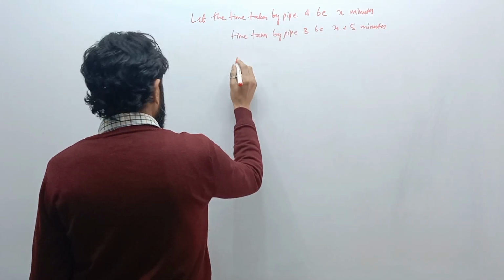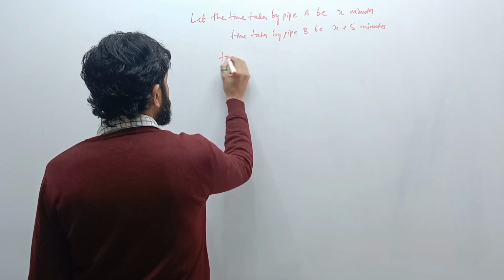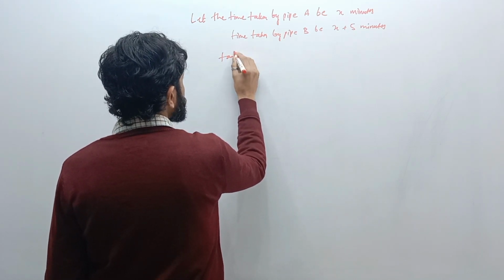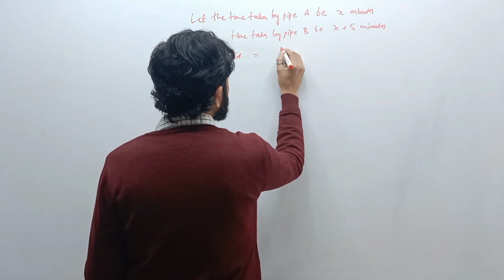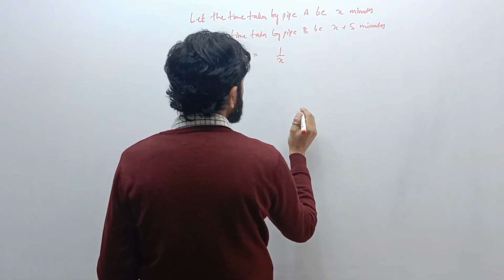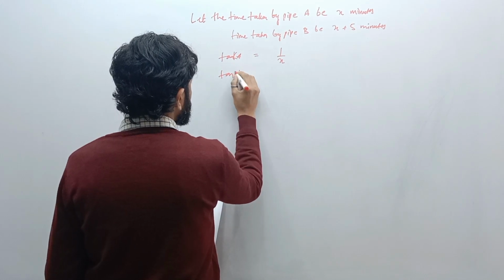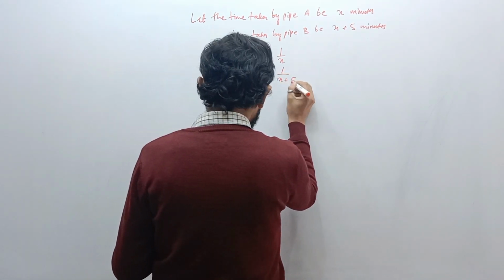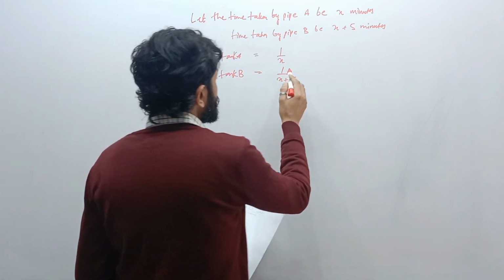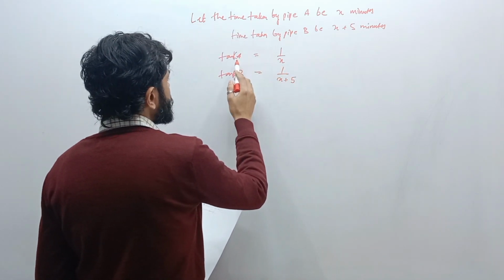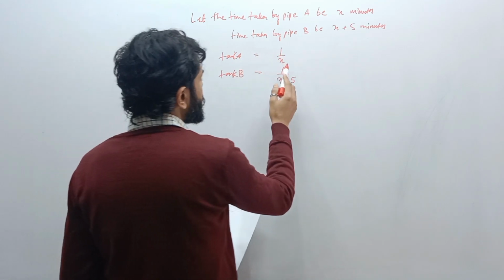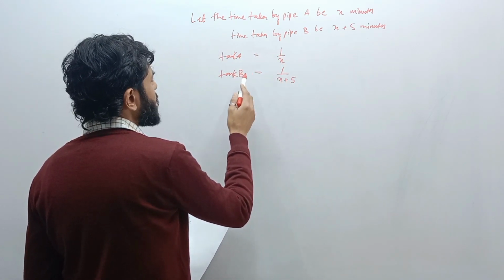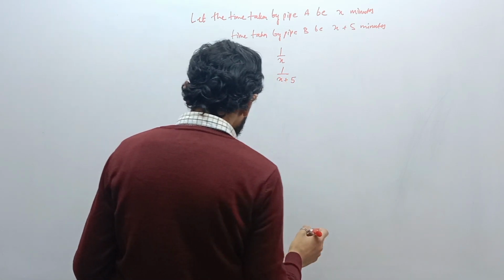So now, tank A in 1 minute would get filled by 1 upon x, and tank B would be 1 upon x plus 5. So this represents the amount of tank filled by pipe A in 1 minute, and similarly the amount filled by pipe B in 1 minute.